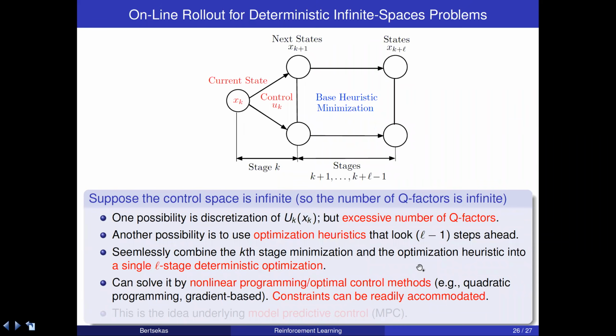What I cannot see here is that we have this base heuristic, which is continuous optimization to find our answer, and somehow combine state k with the base heuristic. But then what is the advantage? We are solving a continuous optimization at the end. I could easily see what rollout is doing in the discrete form, but I cannot see it here.